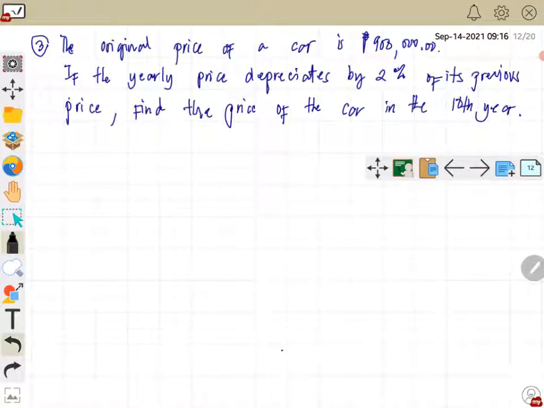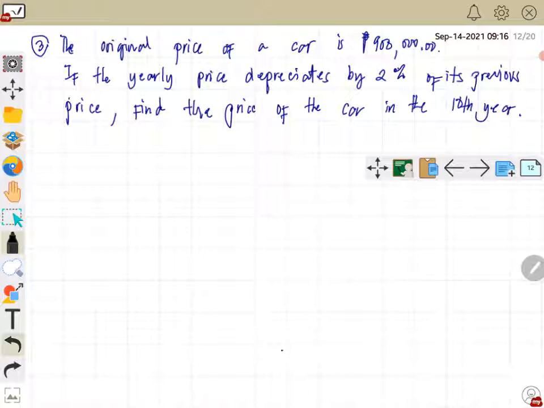Here, the original price of a car is 900,000. If the yearly price depreciates, meaning it goes lower by 2% of its previous price, find the price of the car in the 10th year. So we'll simply find the value after 10 years.